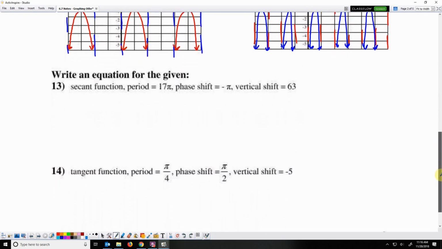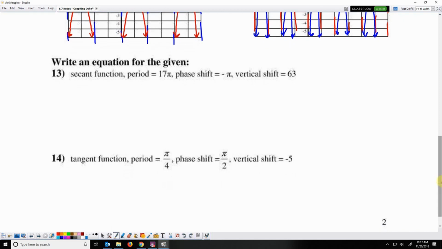And for our last two, we are going to write equations. So to write an equation just like a sine or cosine wave, we need S, A, D, and B. So we have a secant function with a period of 17 pi.